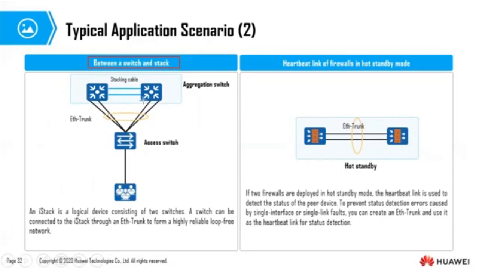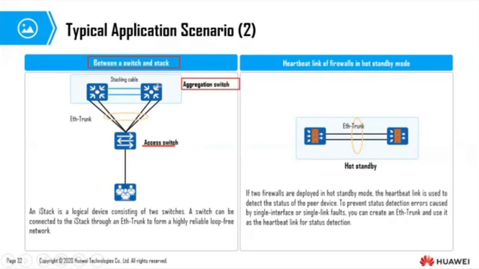This is a typical hierarchical layered network architecture. So we have the access switch here. The access switch, in order to provide backup, device redundancy, is connected to more than one device or switch at the aggregation layer. So it's connected to this device and to this device.